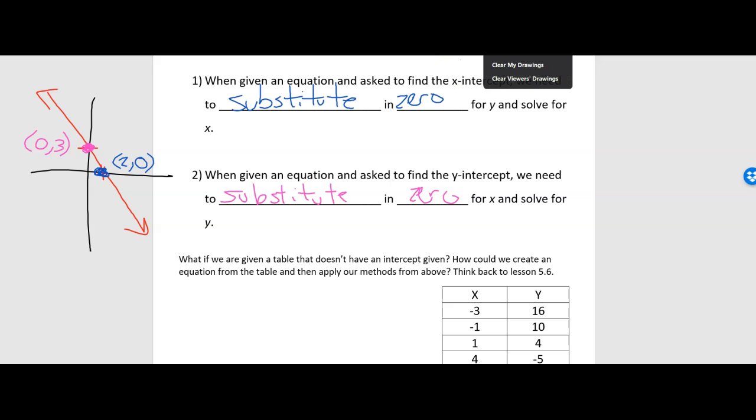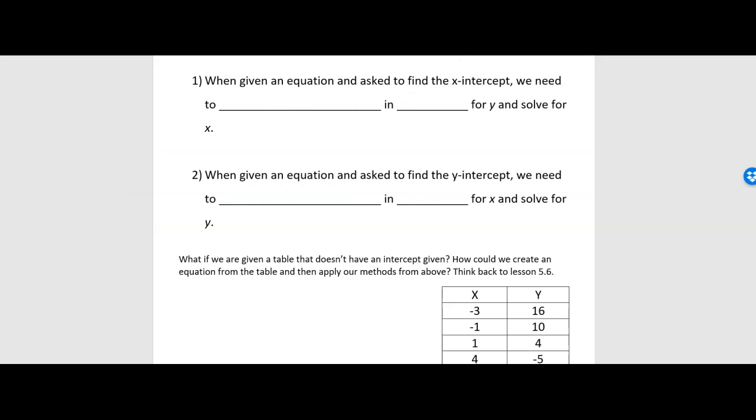Now, there's one more example we need to go through. It's down here with the table. You'll have a couple others to try. Sometimes a table will not give us a point where the x or the y coordinate is equal to 0. If I look at this table, none of the y coordinates are 0, none of the x coordinates are 0.